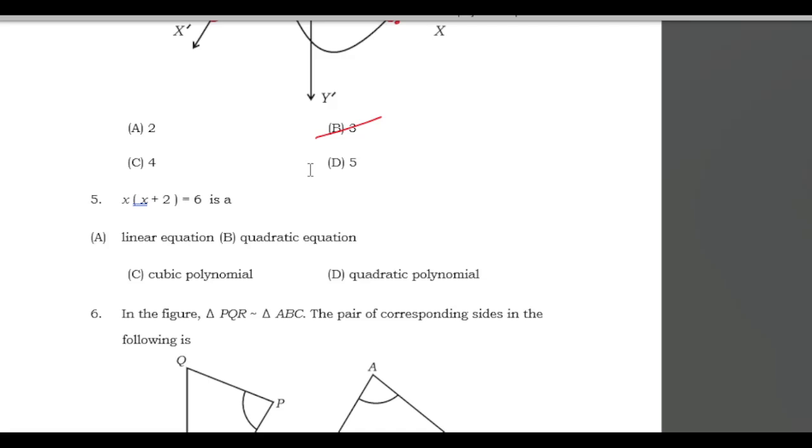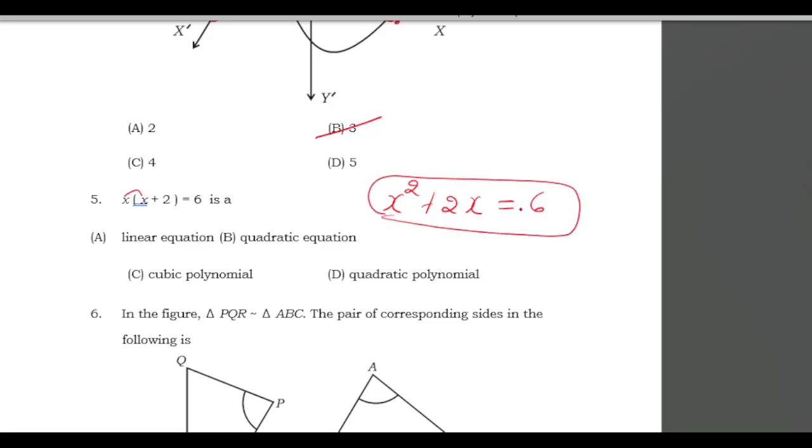So next, fifth one is x of x plus 2 is equal to 6, is a quadratic polynomial. See, quadratic polynomial means just multiply this number. x into x square plus 2x is equal to 6.